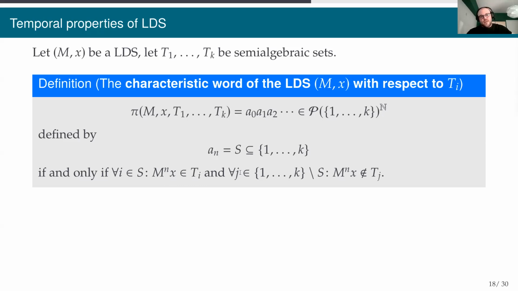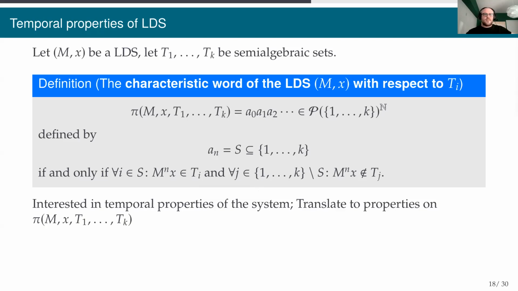And moreover, if you take an index that is not in this set, then your point M^n x is not in this corresponding target.